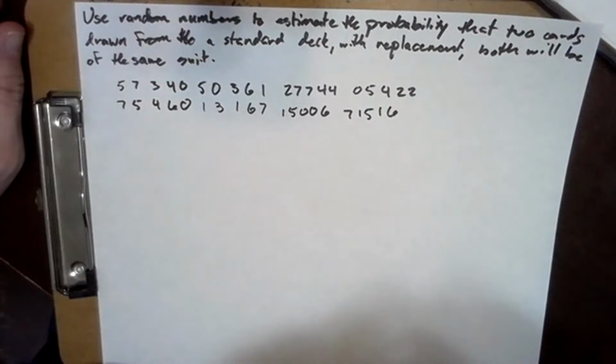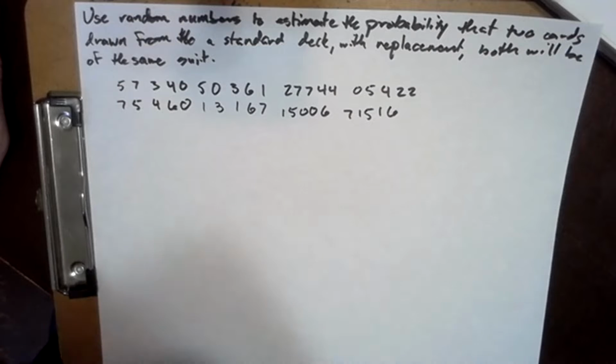Okay, so using our correspondence that we set up, 0 and 1 are clubs, 2 and 3 are diamonds, 4 and 5 are hearts, 6 and 7 are spades.